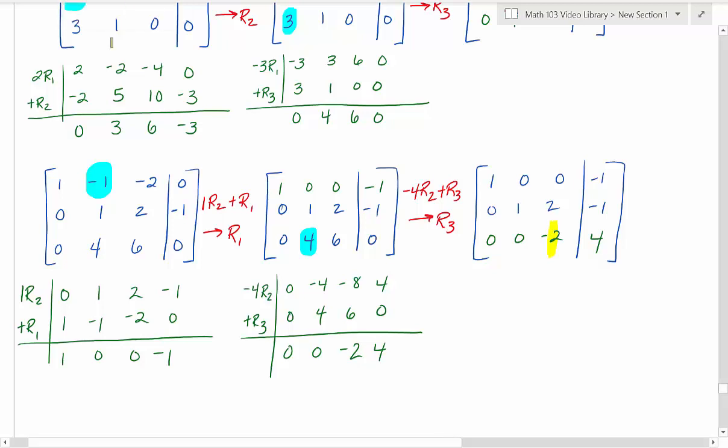There is no row below us that we can interchange with, so our only option is going to be to multiply by a number. We need to multiply negative 2 by negative 1/2 to make it 1. Our row operation is negative 1/2 times row 3 for a new row 3.